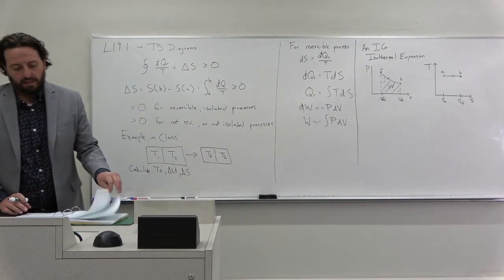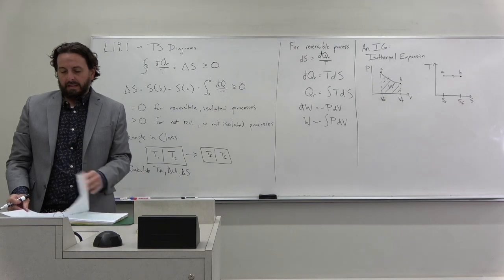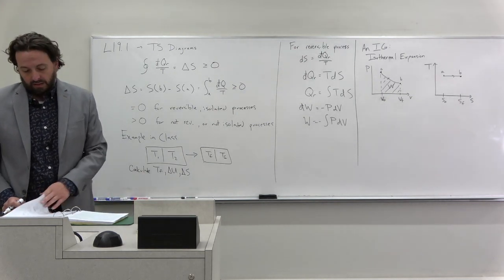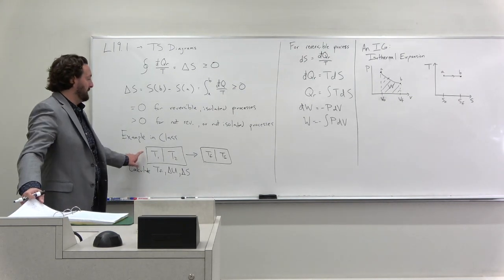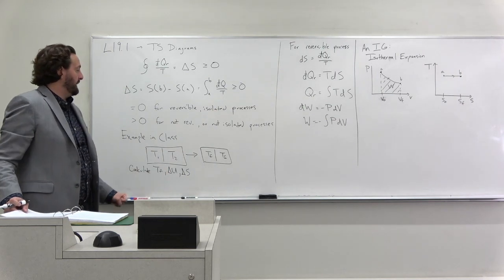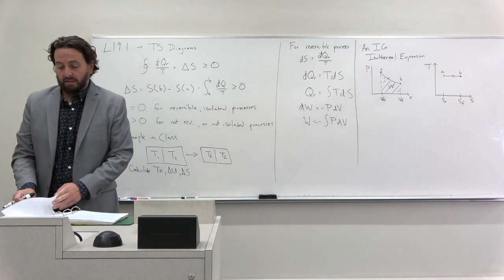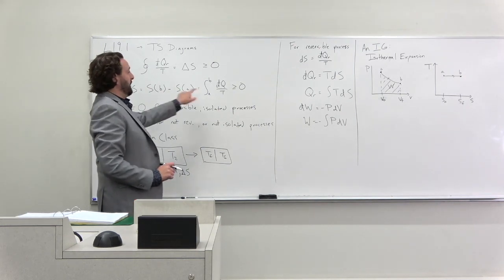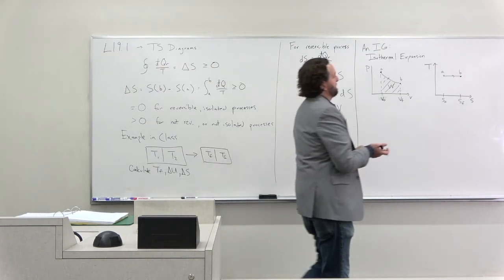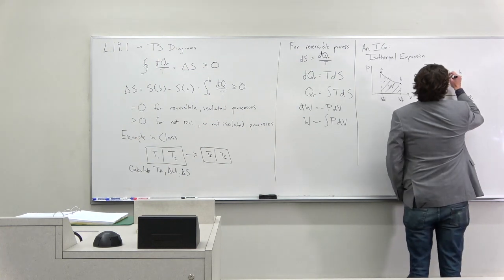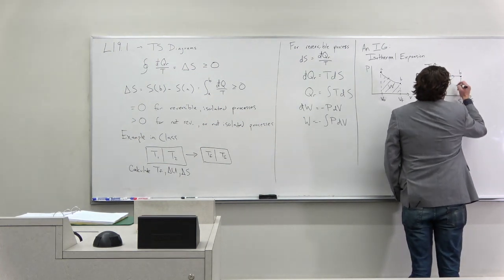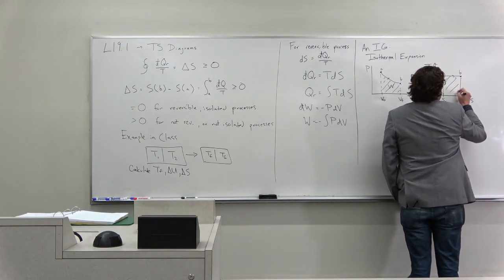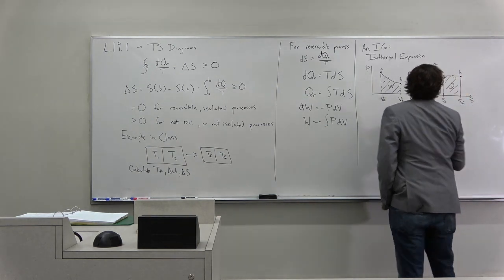And we know that the entropy is going to increase because we just did an example in class, this one, where we saw that the entropy increased. We also know that the entropy is always going to increase in a process. Okay, so in this process here, the area under the curve now is the heat.